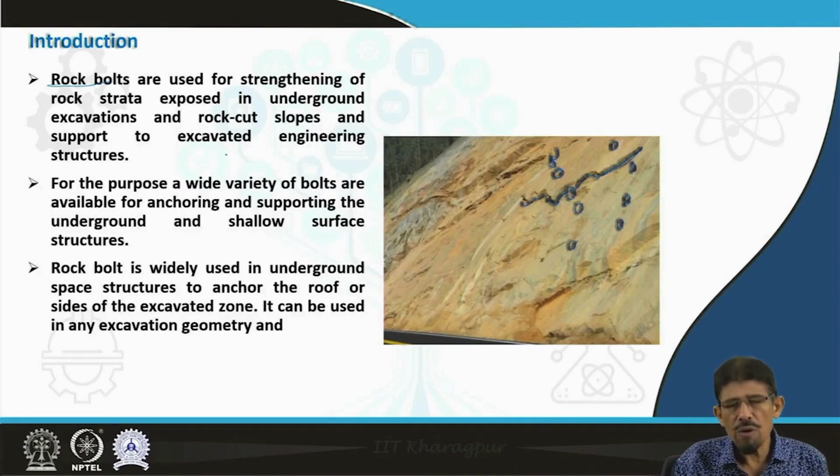This rock bolt is used for strengthening of rock strata or geoground in structures like underground structures, rock exposed in rock cut slopes, rock exposed around road alignment, around trenches, around railway track alignment, etc.